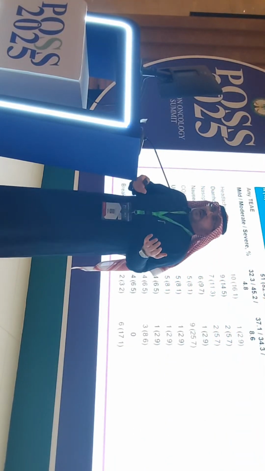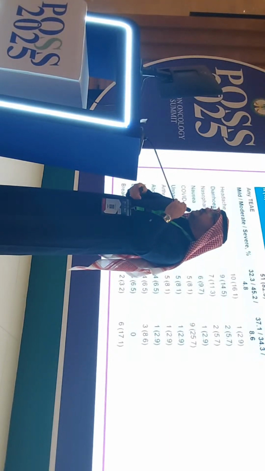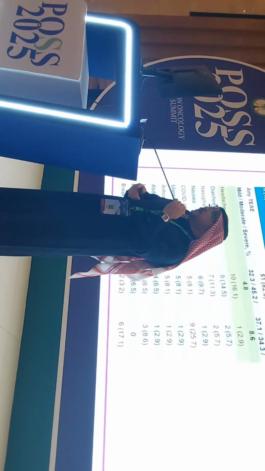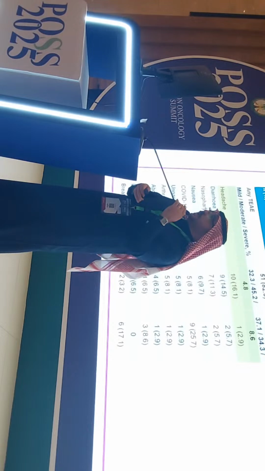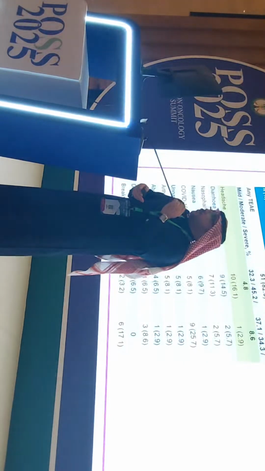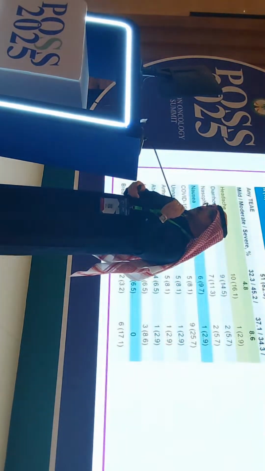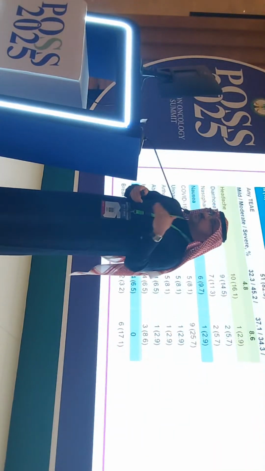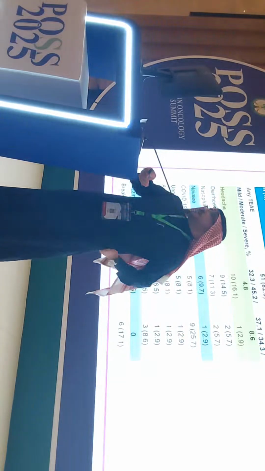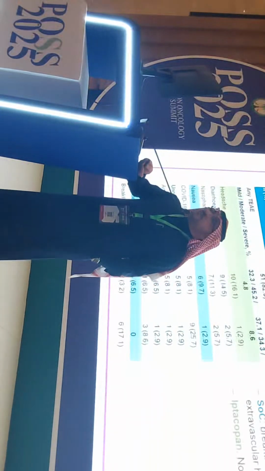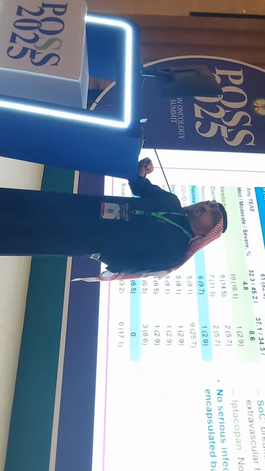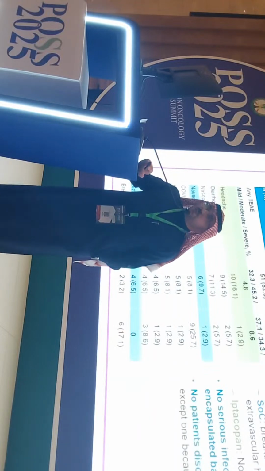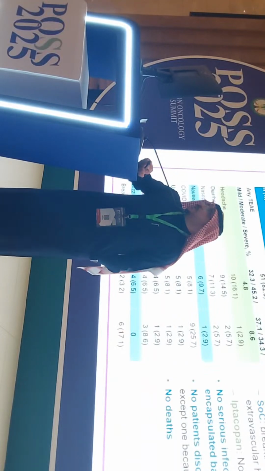Now, side effects: there are no alarms, but there are more headaches with iptacopan as compared to C5 inhibitors, some nausea and dizziness, which resolves with time. Serious adverse events were seen more commonly with C5 inhibitors as compared to iptacopan, as you can see here.